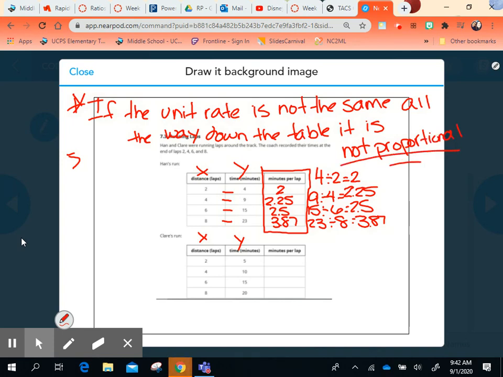So if we had 2, 2, 2, 2, then our table would have been proportional. Or even if it had been 2.5, 2.5, as long as it was the same number all the way down.